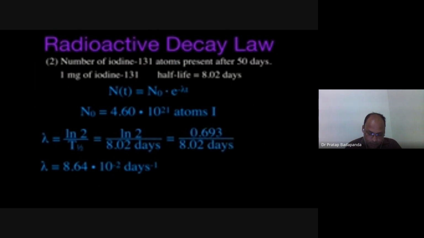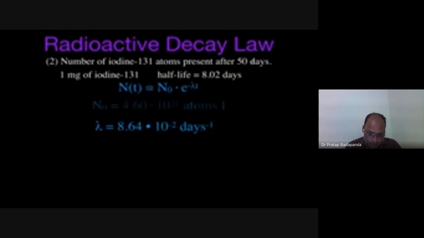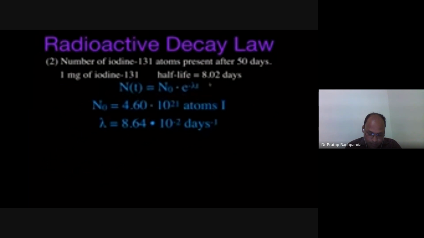Now, sometimes you'll see people convert this into becquerel or into seconds. They could convert this into seconds first because they want to know the activity, because activity is expressed in decays per second. But we're going to leave this as days because our time up here is days, and you see that when we plug that into this equation right here, the days are going to cancel and we'll be left with a number, okay?